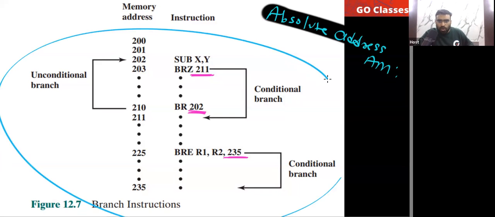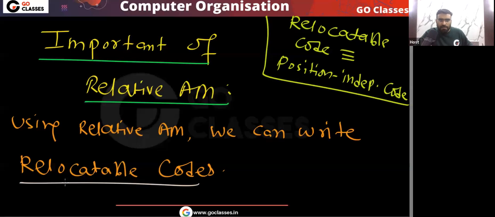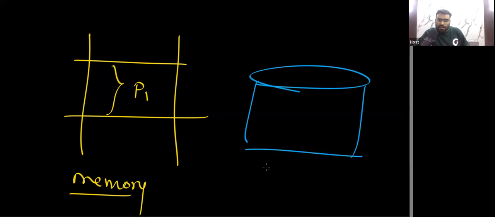See, this is your program in the main memory. Let's assume program P1 is in the main memory, and you want to execute P2. There is a secondary storage, which I can say is the backing store.